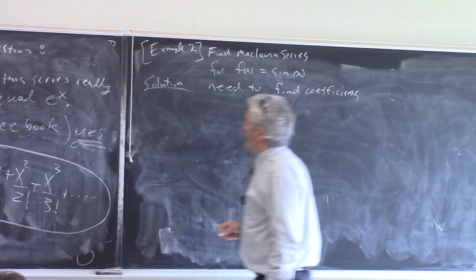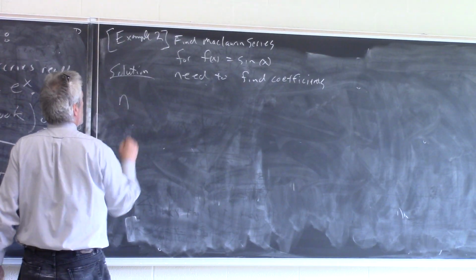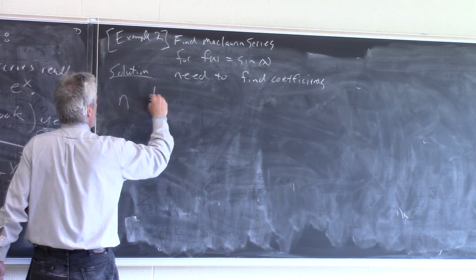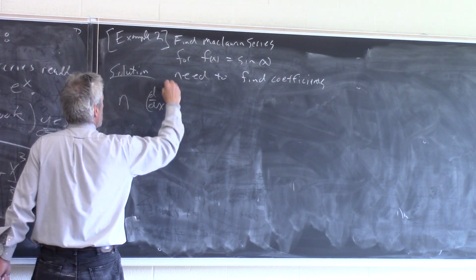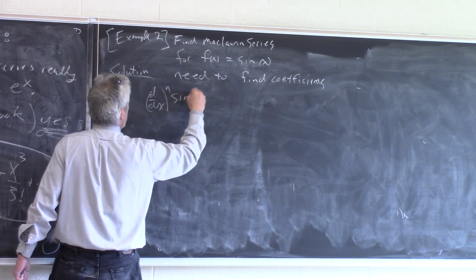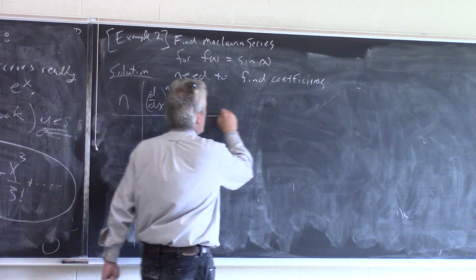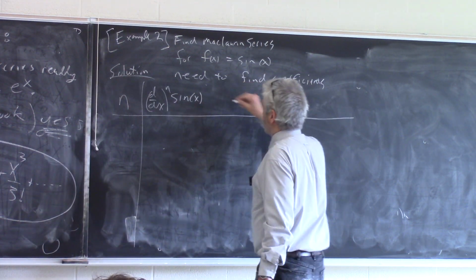So I'm going to make a table. N, and then we're going to need to find the nth derivative of sine of x. And then we're going to need to evaluate that at x equals 0.